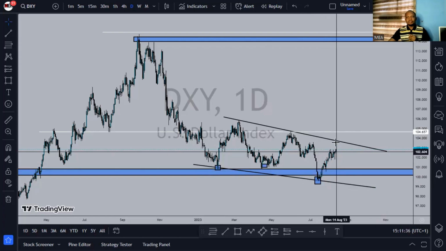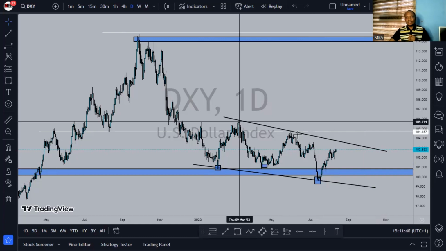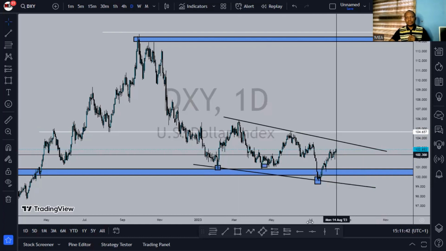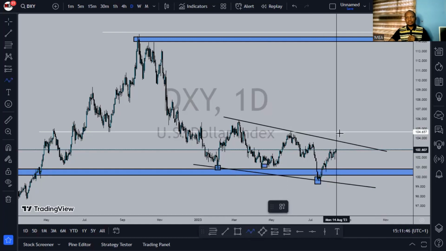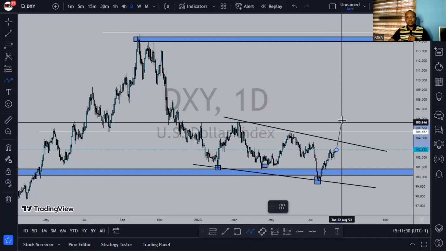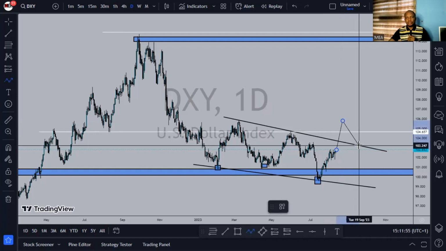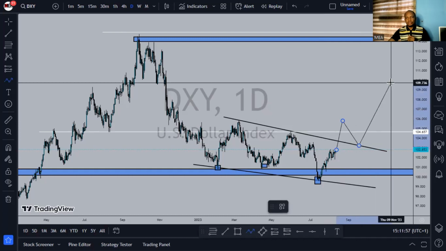So if the market breaks the neckline, this is the neckline, and this neckline is broken. Retested.